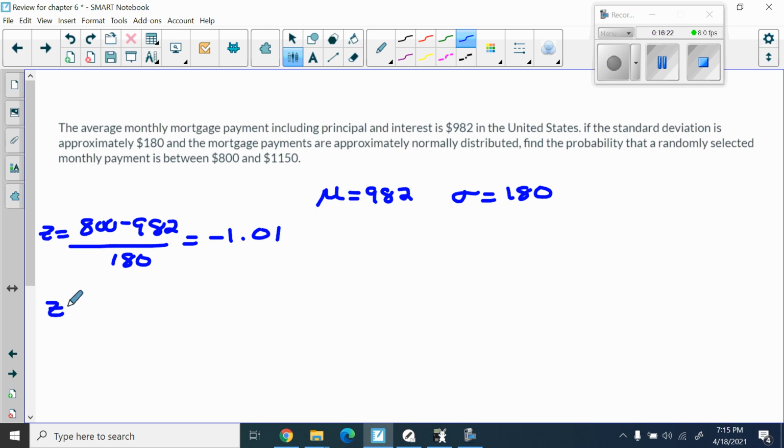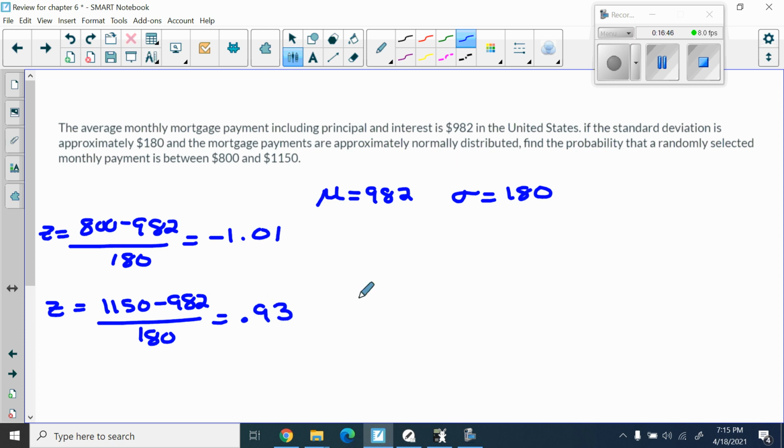And then our other z-score is 1150 minus 982 divided by 180. That's going to be 0.93.